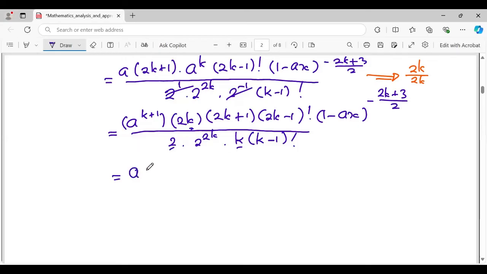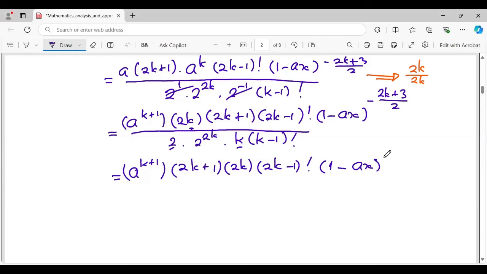It becomes a power k plus 1 times 2k times 2k minus 1 factorials times 1 minus ax power minus 2k plus 3 over 2, over this part.